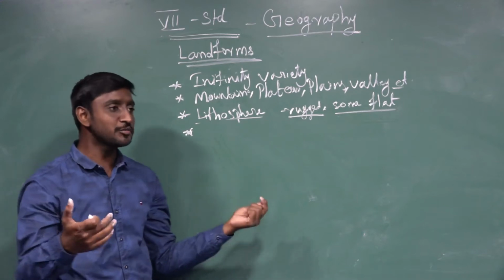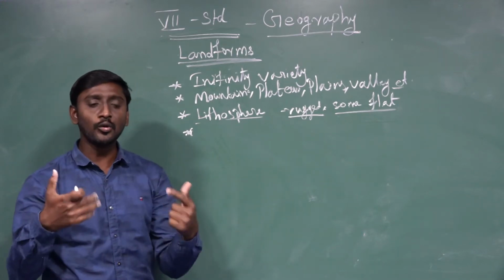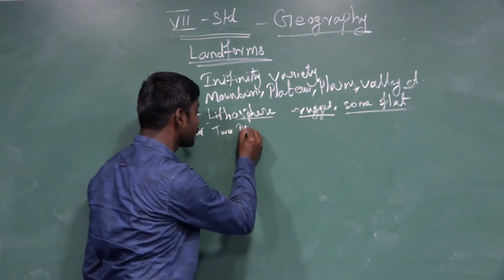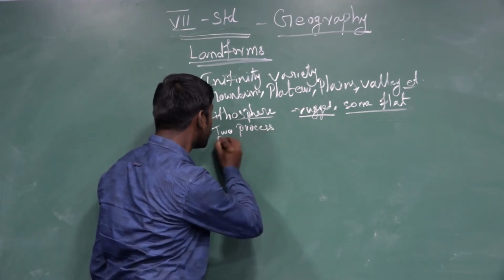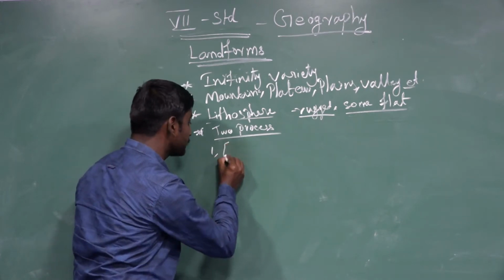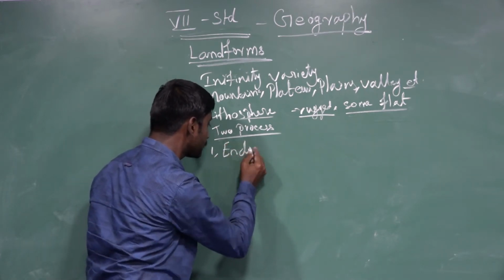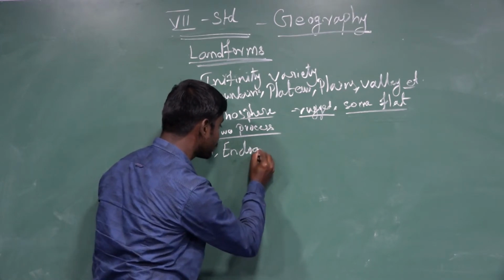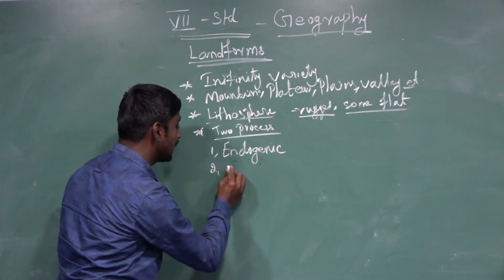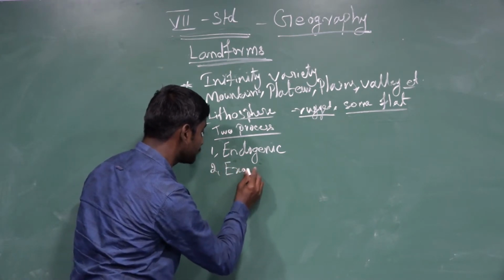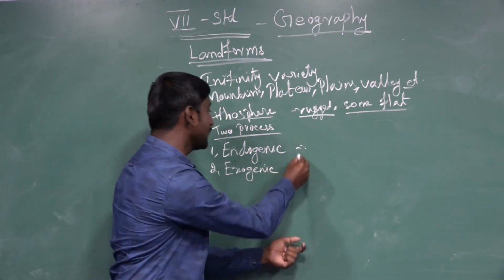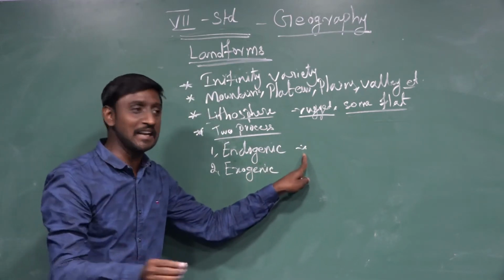The lithosphere is shaped by two main processes. The first one is endogenic and the second is exogenic.